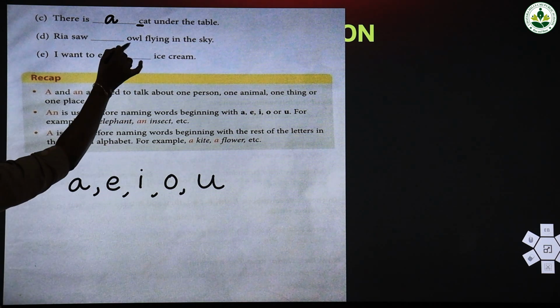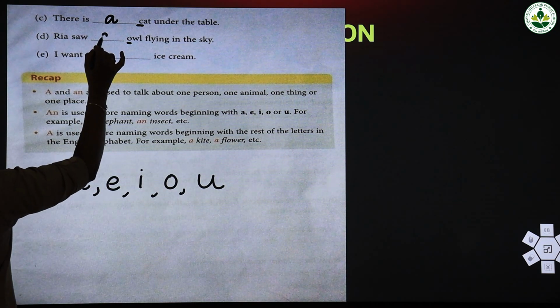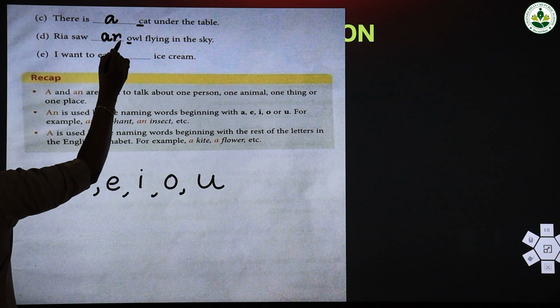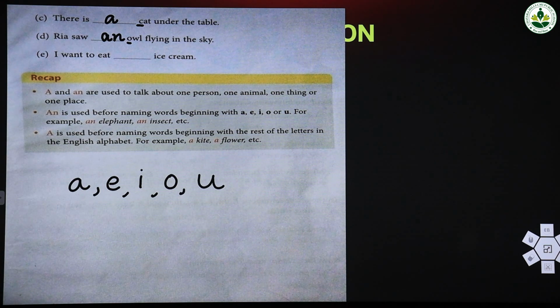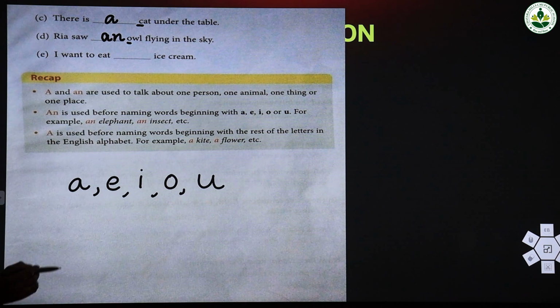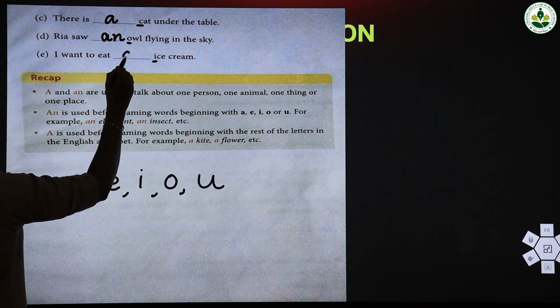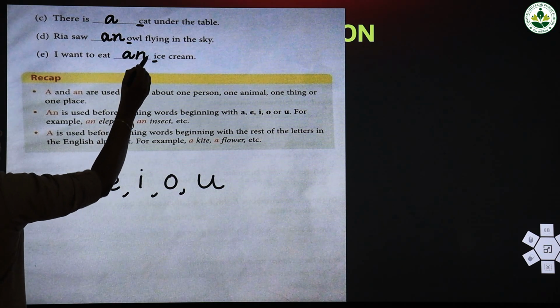What is the first letter? O. Is it a vowel? Yes. So, Riya saw an owl flying in the sky. Next one. I want to eat dash ice cream. A ice cream or an ice cream? First letter I. So, an ice cream.